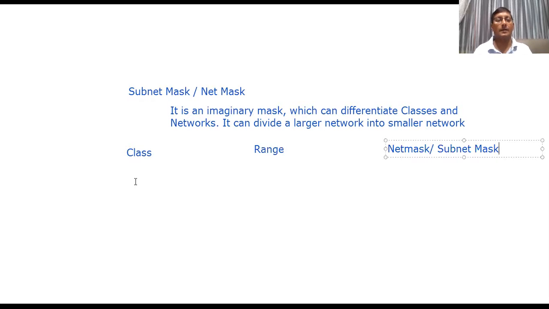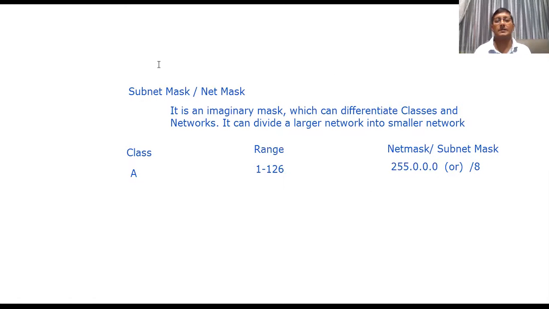If we take the first example, class A, the range is 1 to 126, because 0 is invalid according to our concept, but 0.0.0.0 is any. Then 127 is loopback. Here we are representing 255.0.0.0, or we can represent it as /8.